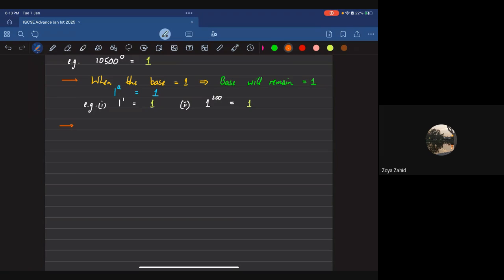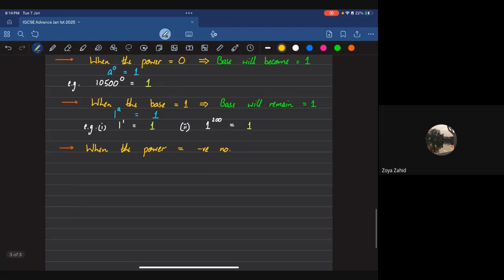What will happen when the power itself is equal to a negative number?